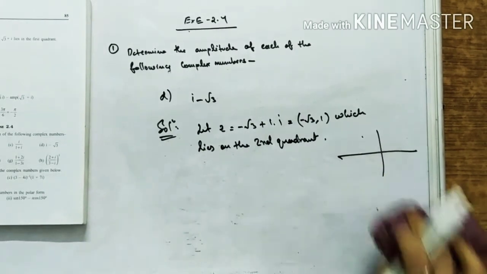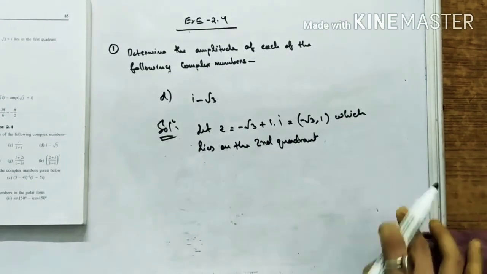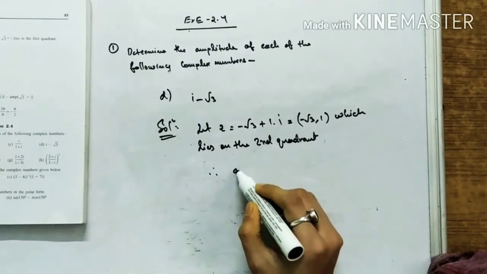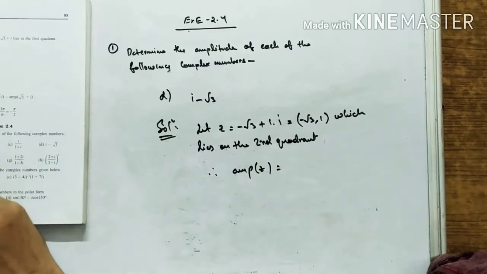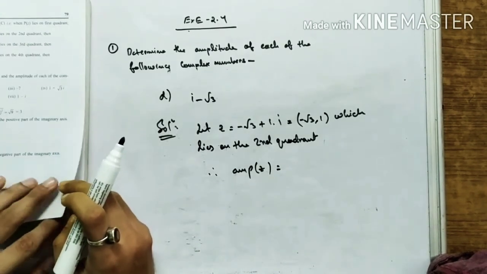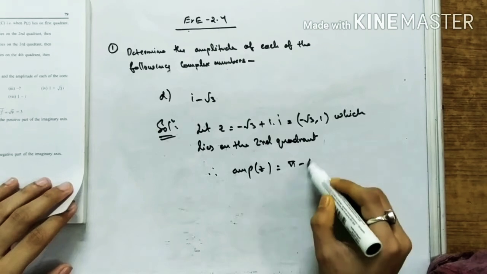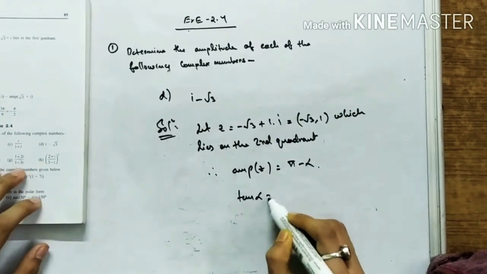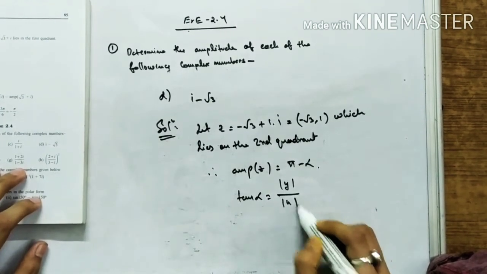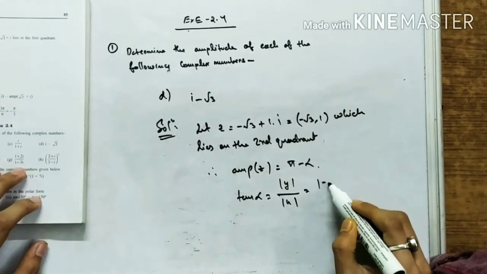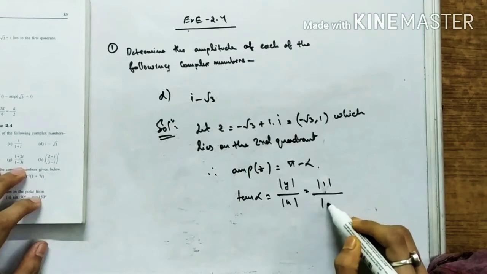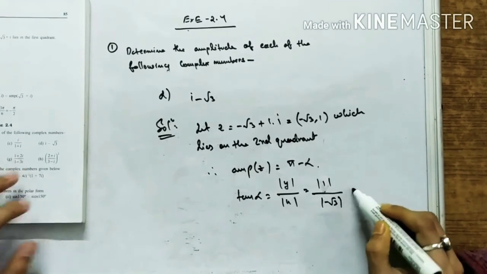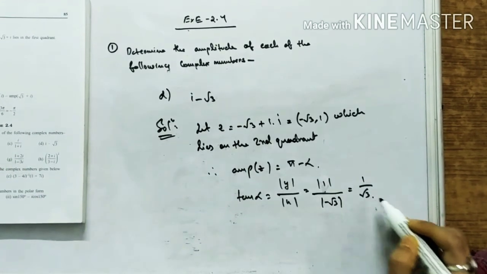Therefore, since z lies in the second quadrant, the amplitude of z will be pi minus alpha. Tan alpha is equal to modulus y by modulus x, equal to modulus 1 by modulus minus root 3, which gives me 1 by root 3.